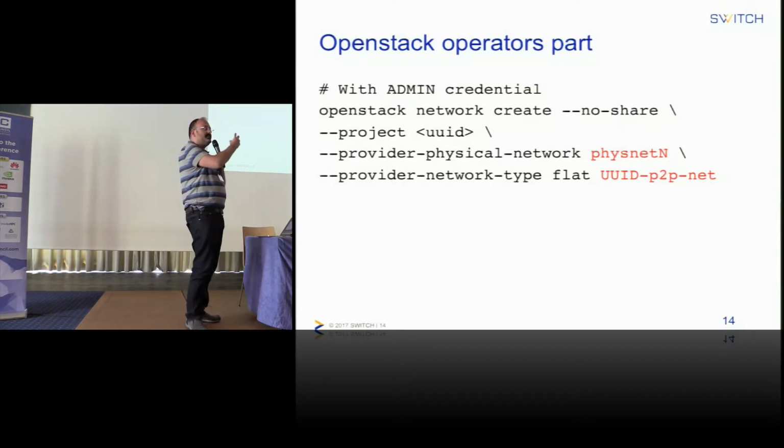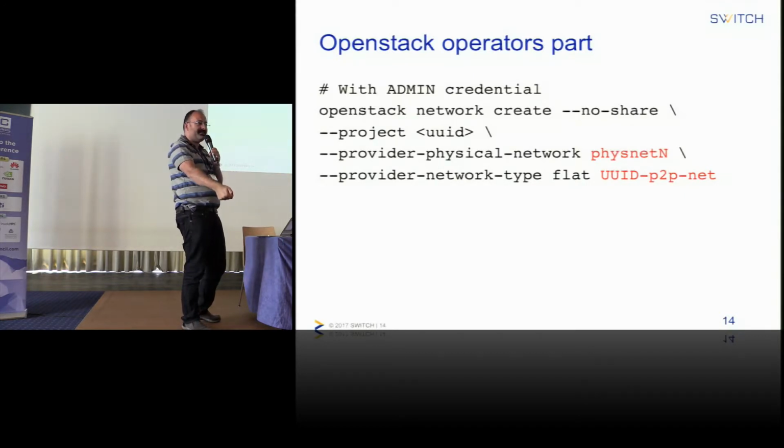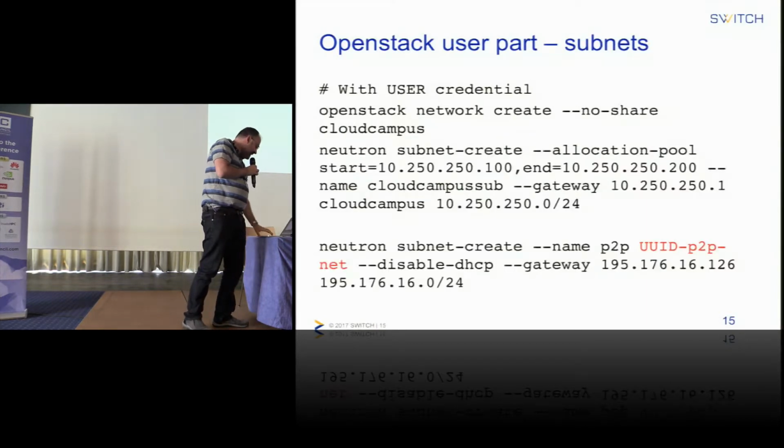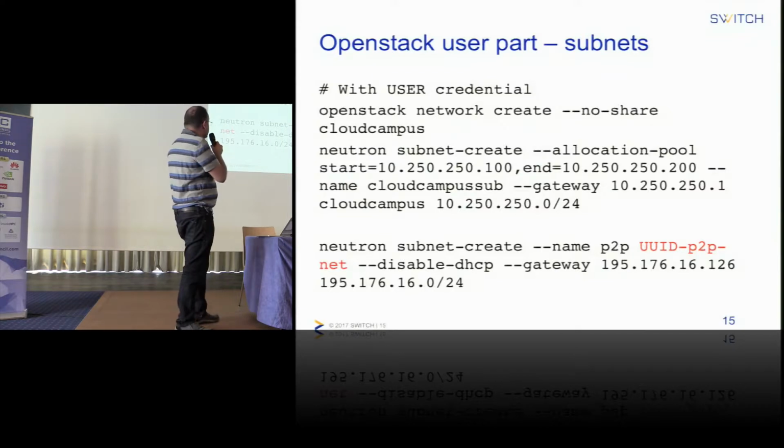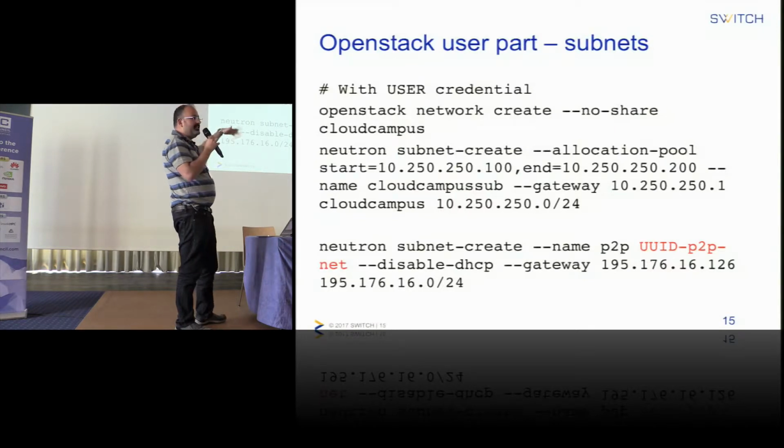So this is not an operation that a user can do, because otherwise any user could create an OpenStack network that is directly connected to the university network. So this is the only step where an admin is required. And once this is done, the user with his normal credentials can set up all the IP addresses that are needed, and the DHCP if needed, and so on.